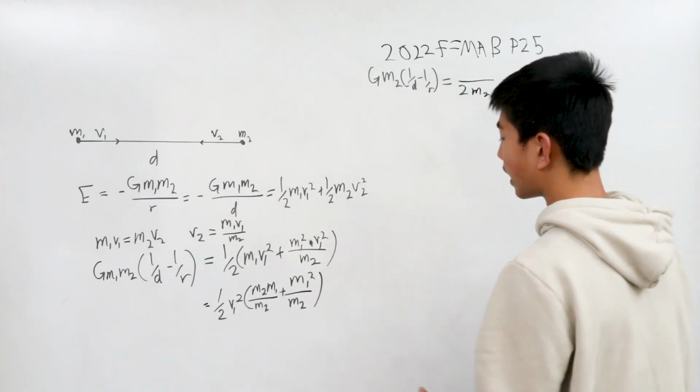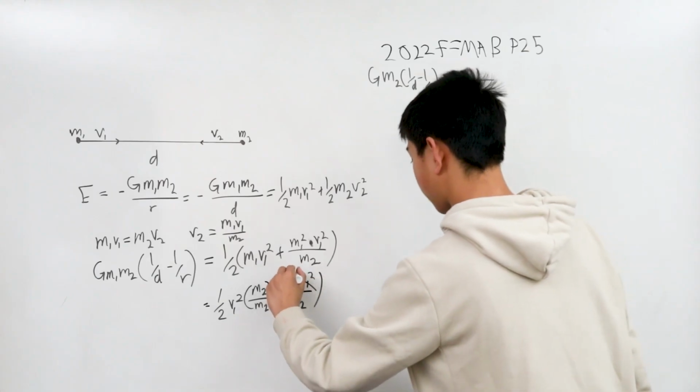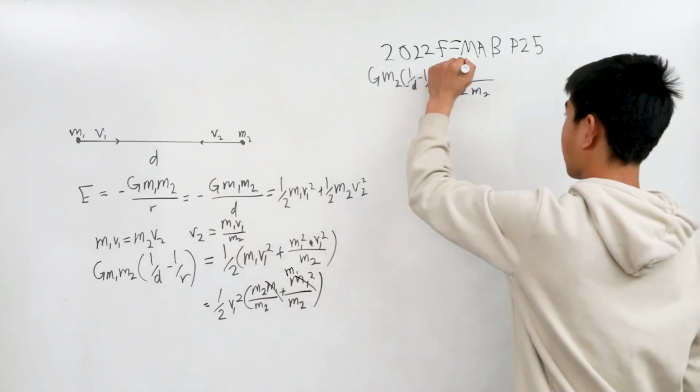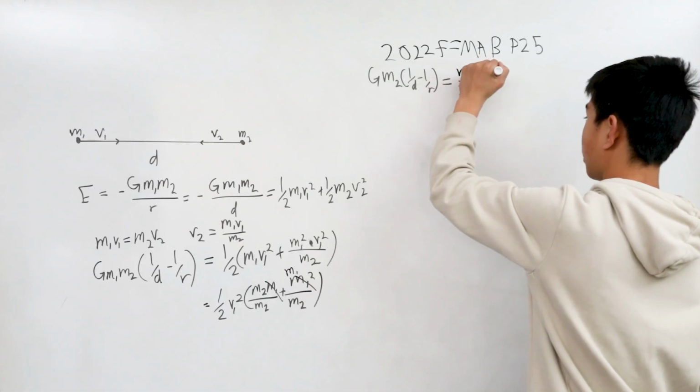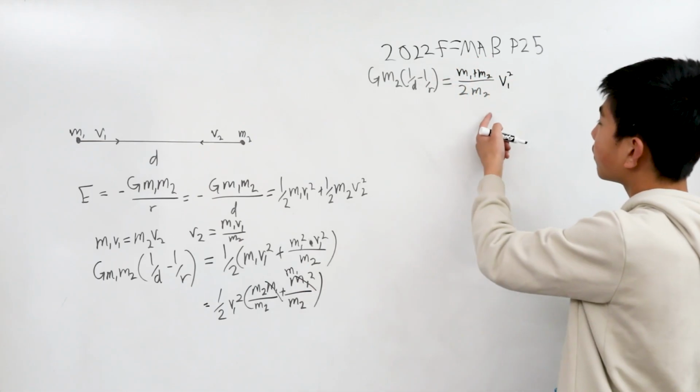And then when you divide by M1, this cancels out. So this is M1 plus M2 times V1 squared. So now we have this equation.